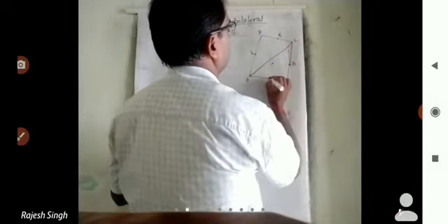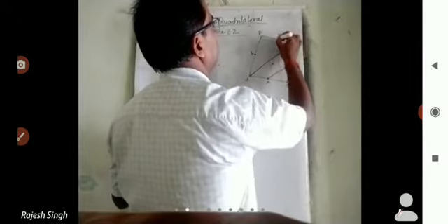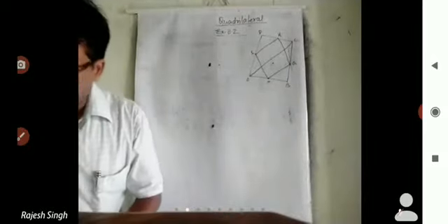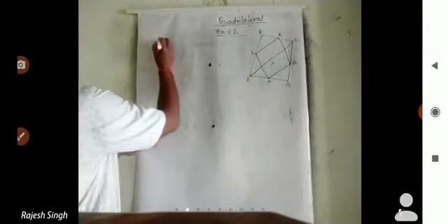AC is the diagonal. We join these midpoints of the sides and this figure is obtained.